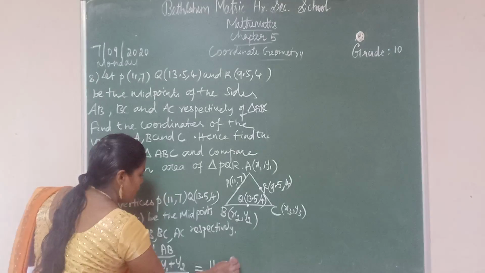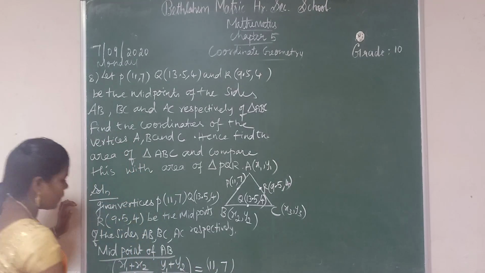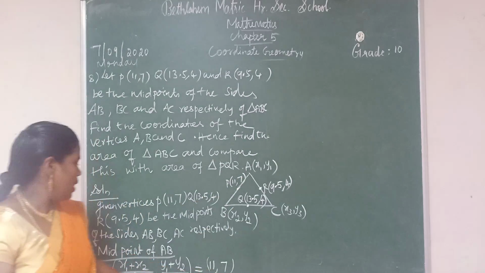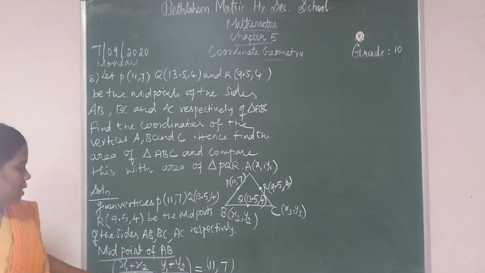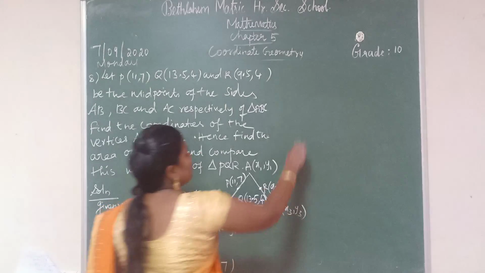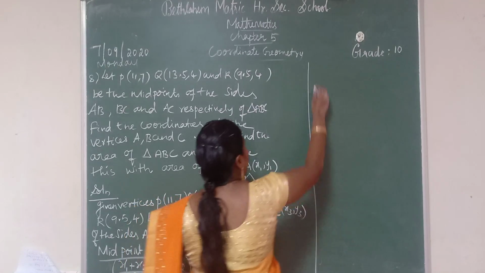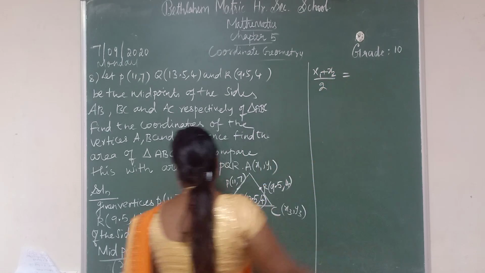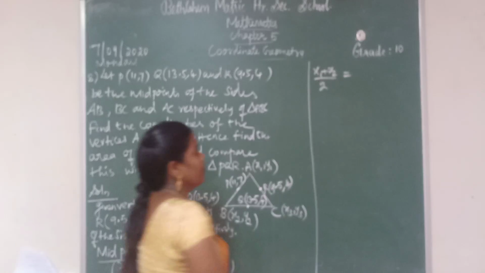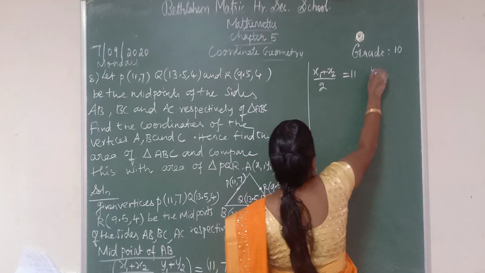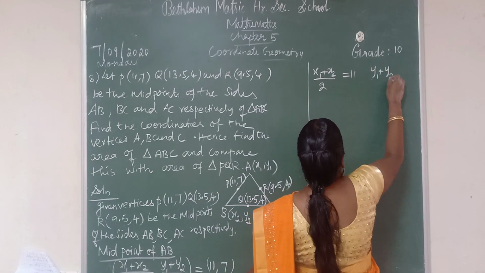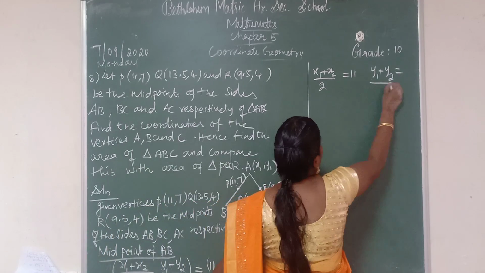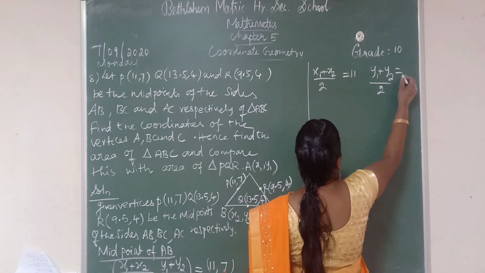A is (x1, y1) and B is (x2, y2). From here, let's separate the equations: (x1 plus x2) by 2 is equal to 11, and (y1 plus y2) by 2 is equal to 7.